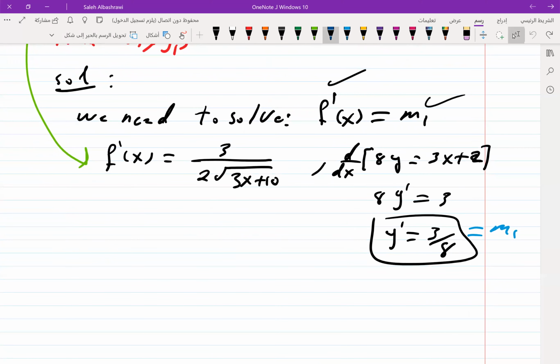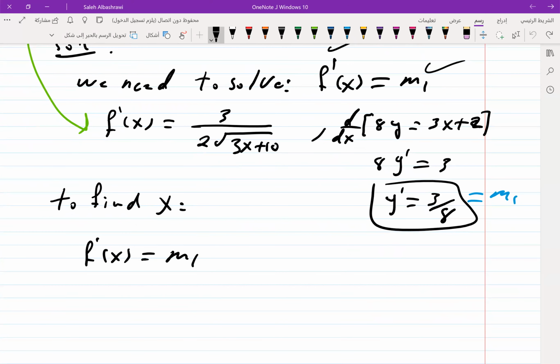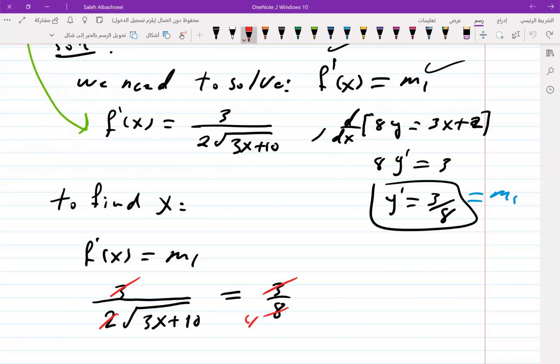Now to find the value of x, f prime of x equal to m1, which is 3 divided by 2 square root of 3x plus 10 equal to 3 over 8. Cross multiplication, I can just cancel this 3 with this 3, so 8 divided by 2 is equal to 4.